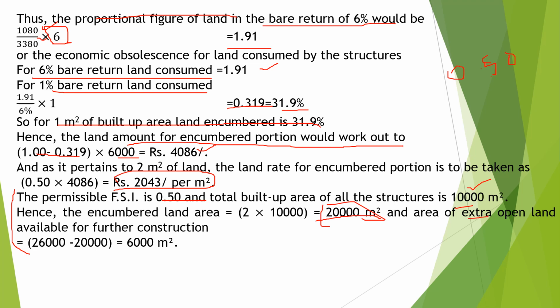This is the important thing. The total land given is 26,000 square meters, out of which 20,000 is encumbered land, so the open land is 6,000 square meters. For the encumbered 20,000 square meters the rate is 2,043 per square meter, and for the 6,000 square meters of open land the rate is 6,000, which is given in the question. So we will calculate the value of encumbered and open land accordingly.